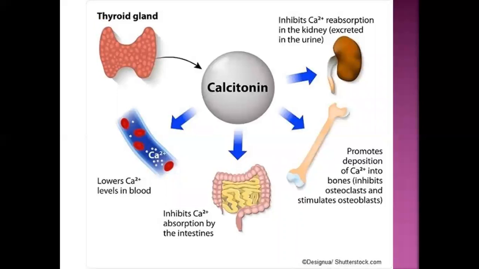When you don't get enough calcium, there is a risk of developing disorders like osteoporosis, osteopenia, and hypocalcemia. Children who don't get enough calcium may not grow to their full potential height as adults.